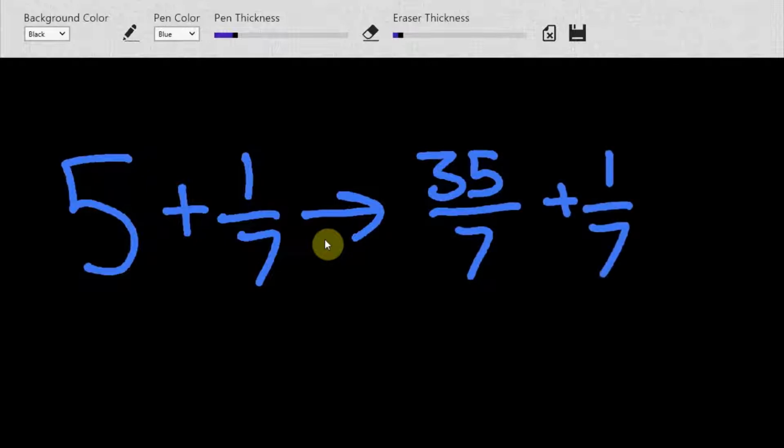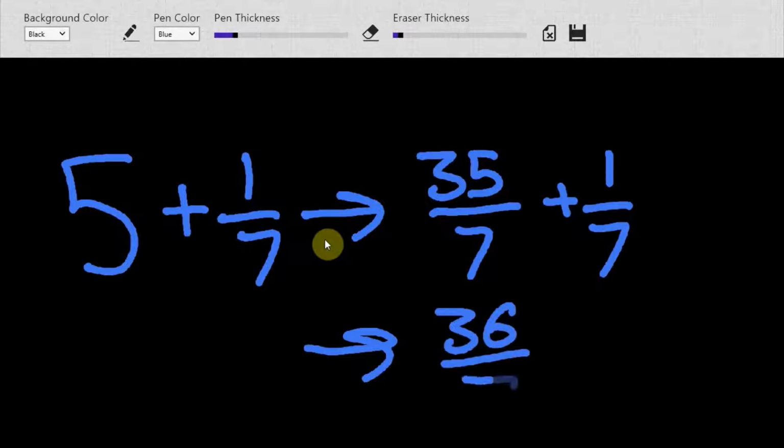This is a much simpler way of looking at the fractions. Now all we need to do is just add 35 sevenths and 1/7 together, and we'll be left with 36 over 7. So this fraction is 5 and 1/7 represented as an improper fraction.